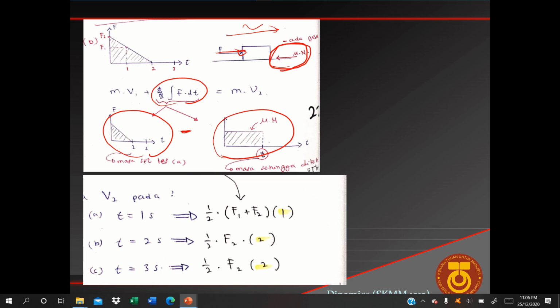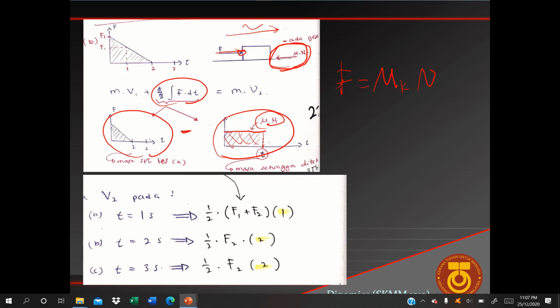The friction is F equal to mu kinetic times N. As long as the component is moving, there will be friction, and the kinetic friction will be constant, so we have a constant value mu N, and t is the time.